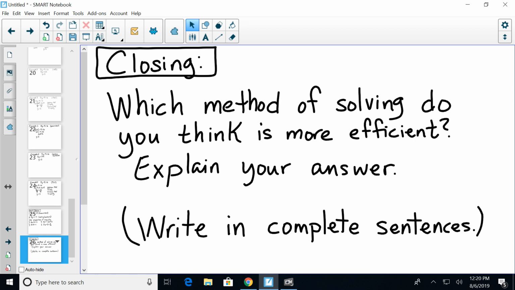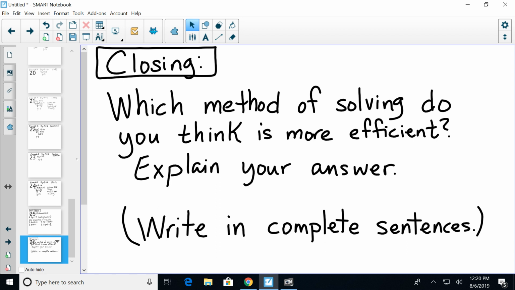Somebody else want to share? What did you say was more efficient? Which way? The last one, POE, is more efficient.